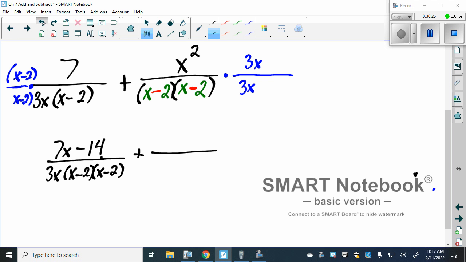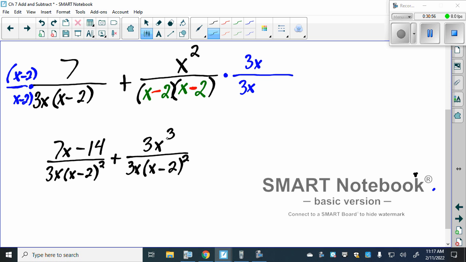We could say x minus 2 squared plus. On the right-hand side, we have 3x times x minus 2 squared in the denominator. In the numerator, we'll do the x squared times 3x, which would give us 3x cubed.